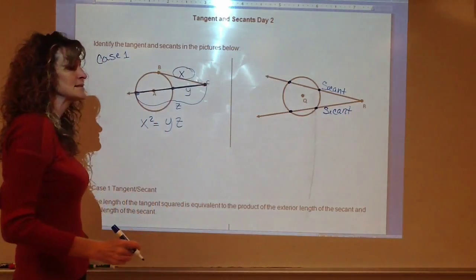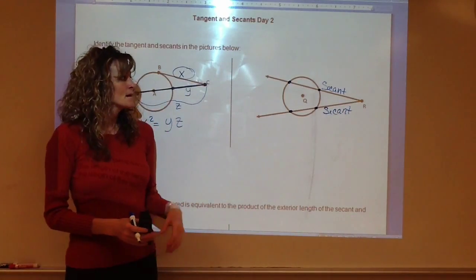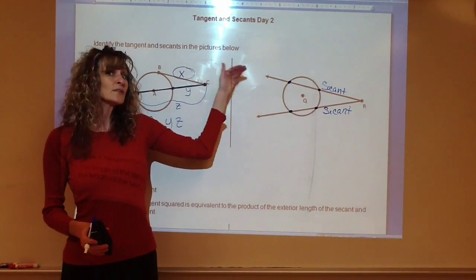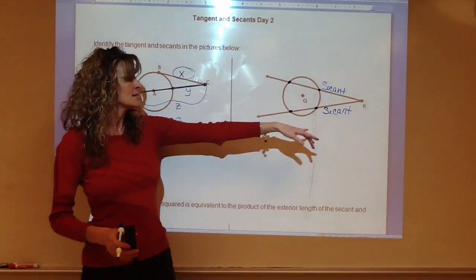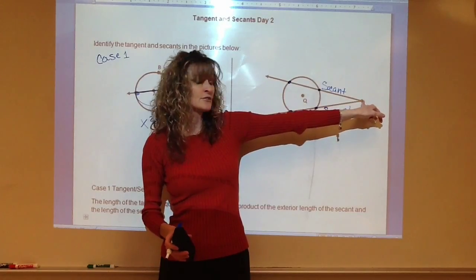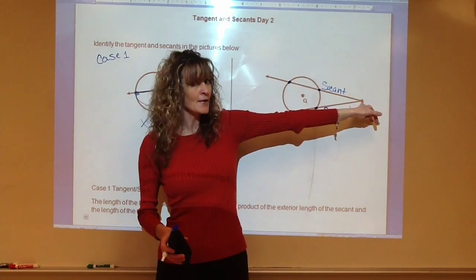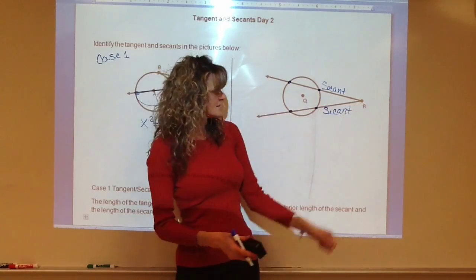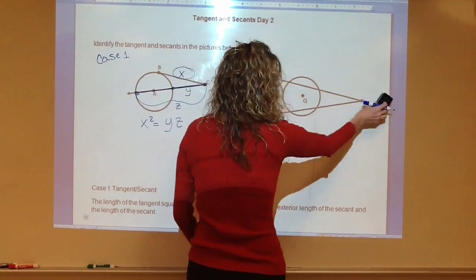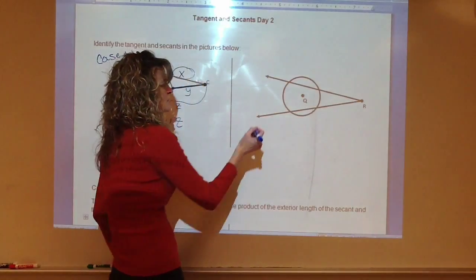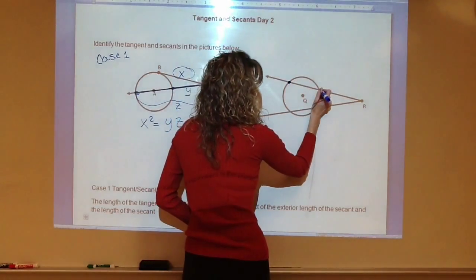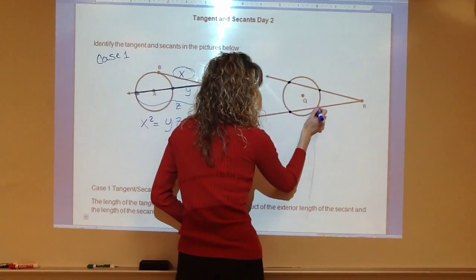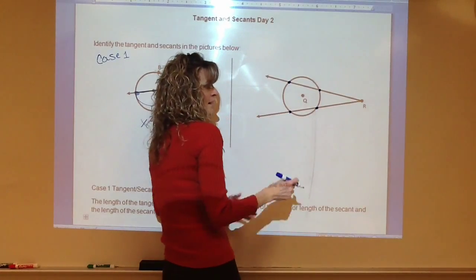So we've got secant, secant. Okay, there's a relationship between the lengths of these secants when they intersect at one point on the outside of the circle. And we'll use this formula also to find these lengths. So I'm just going to go ahead and put some points back on here and label them.